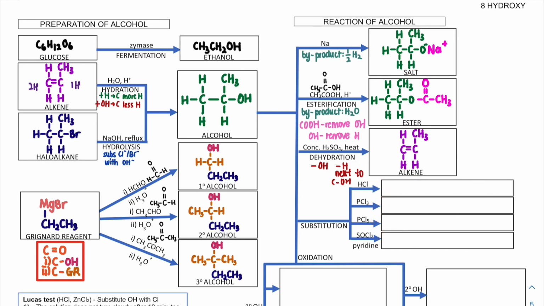Okay, sebenarnya for these two, boleh je tambah HBr ataupun ni PCl3. Tapi kalau yang PCl5 dengan SOCl2 ni must be for the one with the chlorine. So that's why Miss buat semua sini chlorine, chlorine, chlorine, chlorine. So again, what will happen is that we're going to substitute OH with Cl.